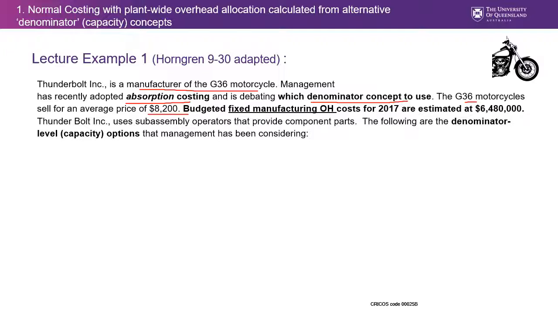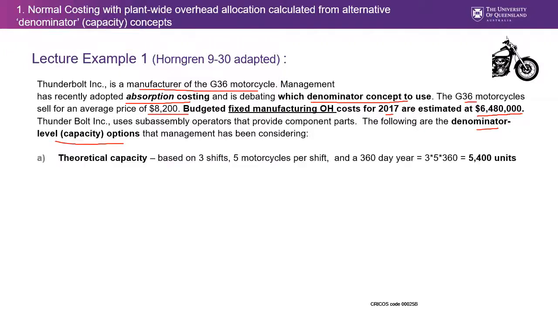The budgeted fixed manufacturing overhead costs for 2017 are estimated at $6,480,000. The company uses sub-assembly operators that provide component parts. The following are the denominator level capacity options that management has been considering to use as the denominator in their budgeted overhead allocation rate.